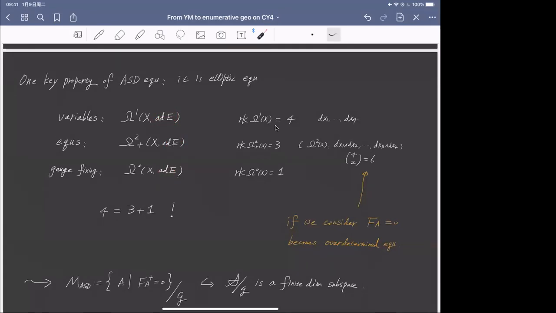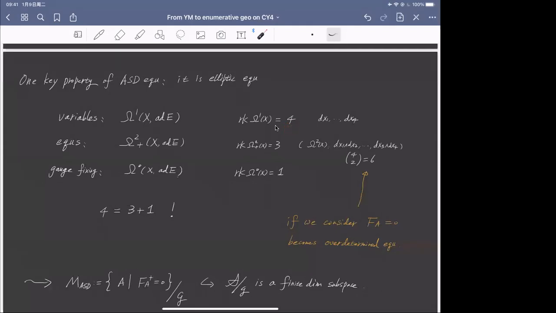If you consider the space of 1-forms, at each point on X, the space of sections is definitely infinite dimensional, but if you fix a point on X, this is a finite dimensional vector space. It has rank 4, because very intuitively we have coordinates x1 to x4 on the 4-manifold, so dx1 to dx4 gives you these 4 dimensions.